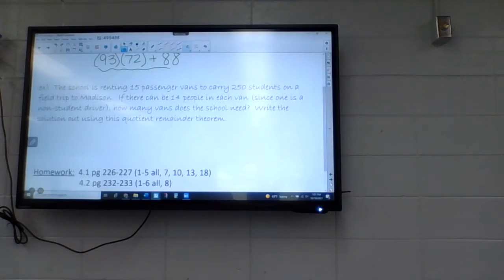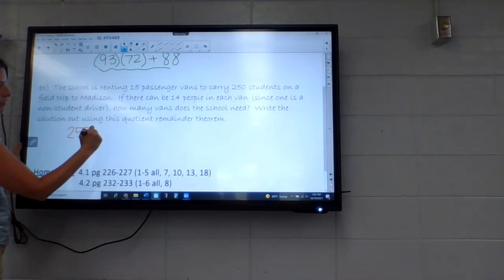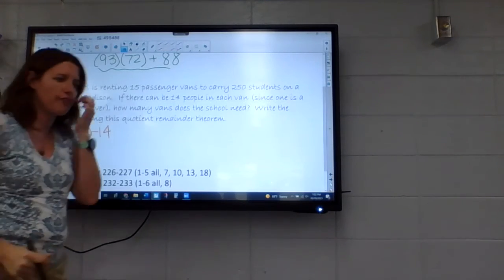So again, this is where that remainder is important. Thinking about what do we have left and how many kids is that actually? Can we just leave those behind? Just kidding. Or can we take a smaller van at that point? So we're taking 250 and dividing it by what? 14. Because remember, a kid can't drive a van.